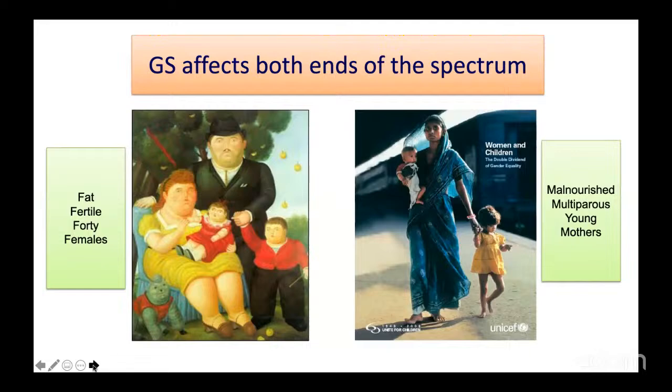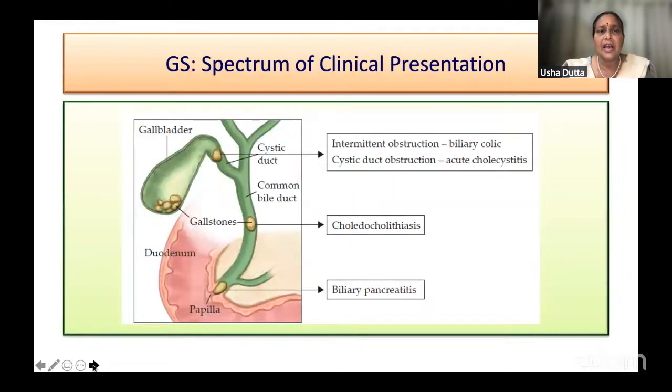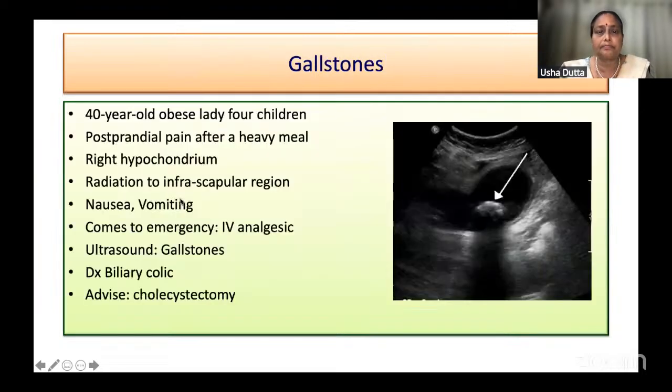So we see the fat, fertile 40 females as well as the young multiparous malnourished women of India, both getting affected with gallstones. And gallstones can cause acute cholecystitis, biliary colic, CBD stones, pancreatitis. We see more of this end of the spectrum. The surgeons see more of this end of the spectrum.